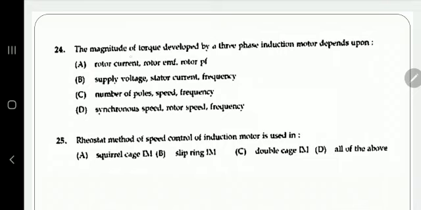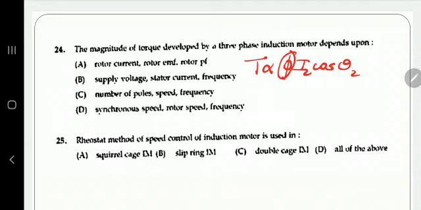Let's move on to the next question, question number 24. The magnitude of torque developed by a three-phase induction motor depends upon? Before going into the options, let's go through the equation of torque developed in an induction motor. Three-phase induction motor torque is directly proportional to phi into I2 into cos theta 2, where phi is the flux responsible for producing the induced EMF, I2 is the rotor current, and cos theta 2 is the power factor.